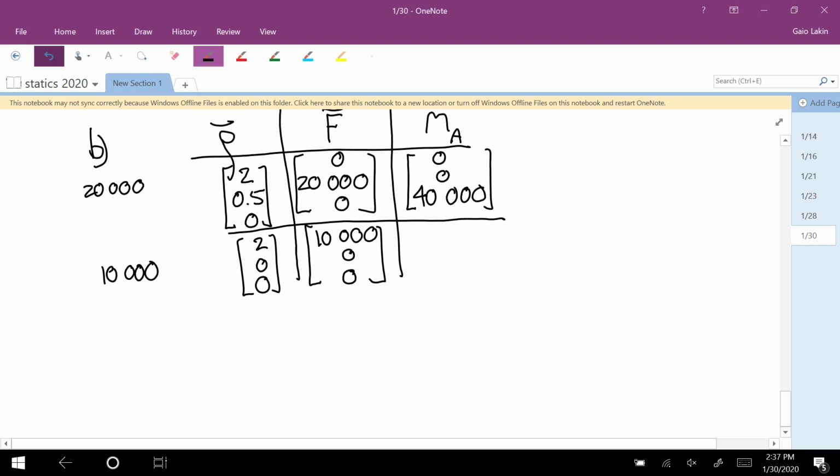So we have 0 for X, 0 for Y, like we always do in the plane. But 2 times 0 minus 0 times 10,000 gives us another 0. And so for this one, the net moment about, I guess it's B this time, I'm going to change these subscripts to B's.